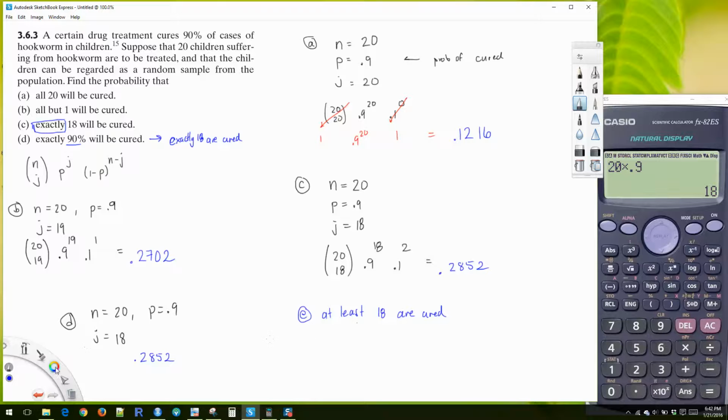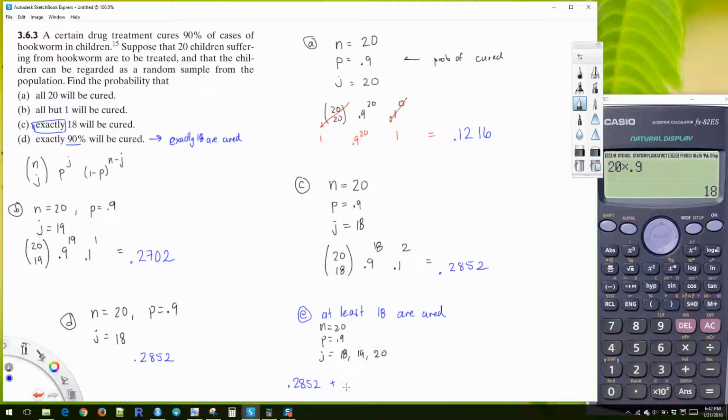This is n equal to 20, p equal to 0.9, and j equal to 18, 19, and 20, because that's what at least 18 are cured means. So the answer to part E, if there were one, would be the sum of these. With j equal to 18, we know that's 0.2852. With j equal to 19, we've done the calculation.